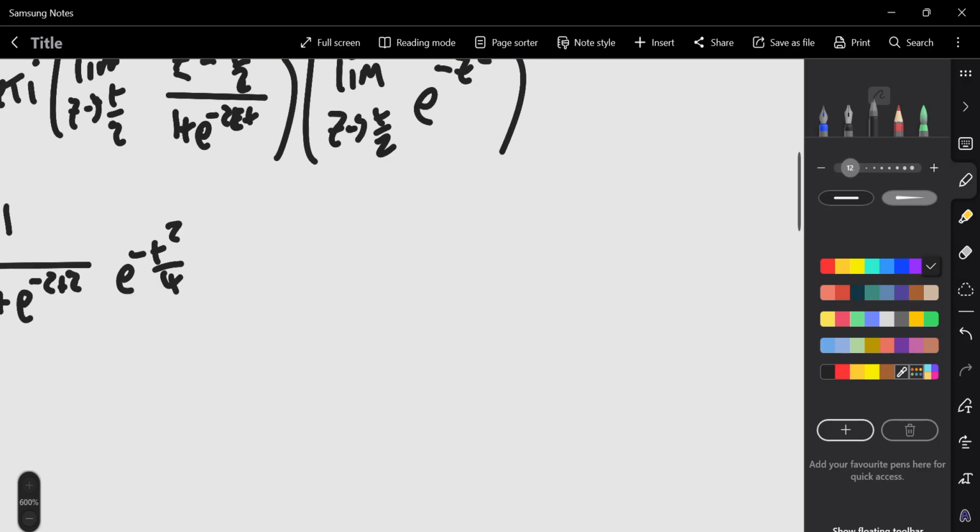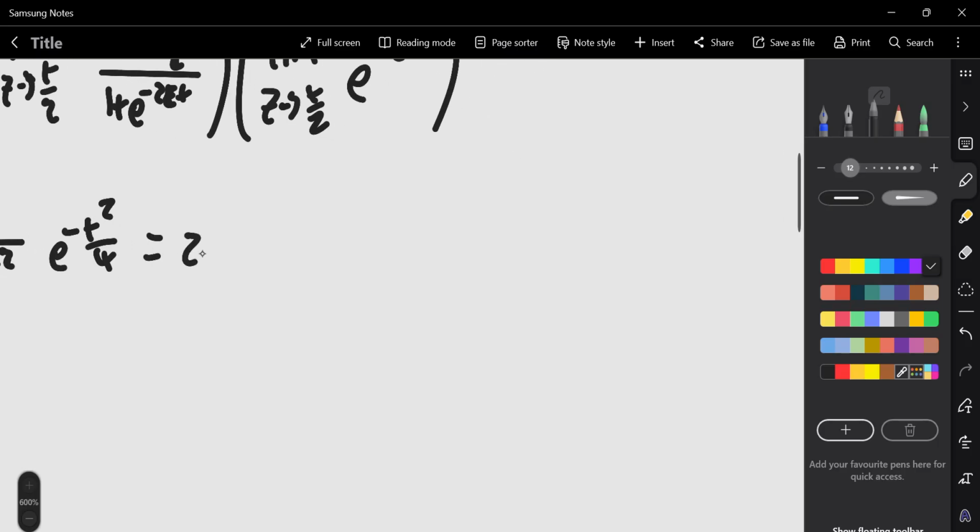Which is going to be 2 pi i times, I literally just went to write pi again. I'm not even joking. Minus 2t e to the minus z.